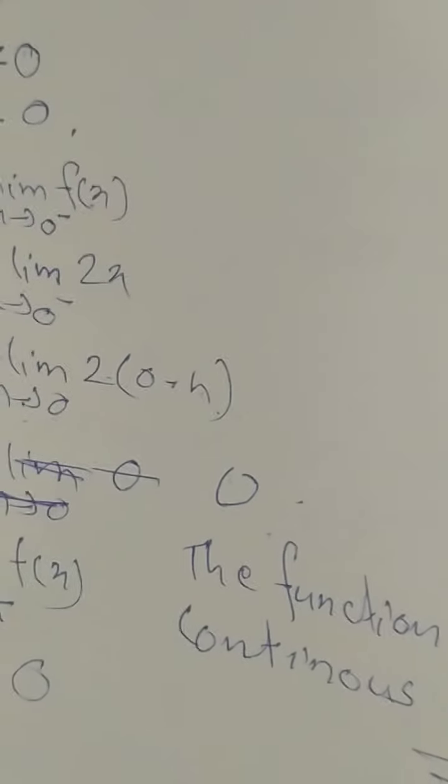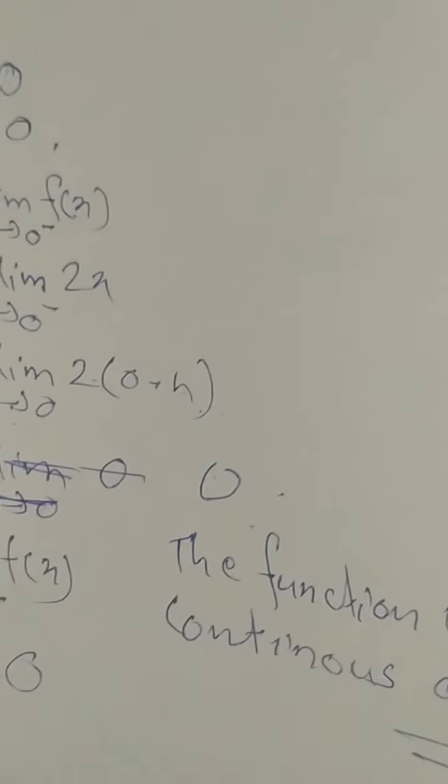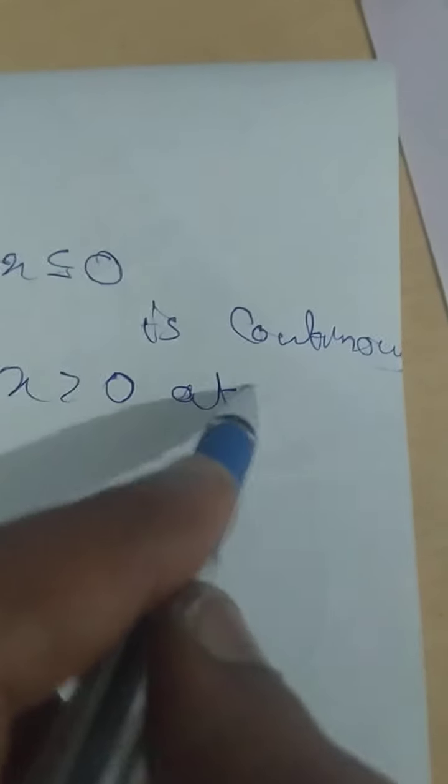Find the value of k if the function defined by f of x equals k into x square minus 2x, if x is less than or equal to 0, and equals 4x plus 1 if x is greater than 0, is continuous at x equals 0.